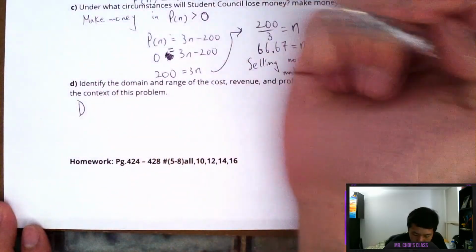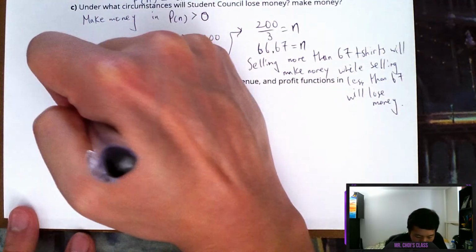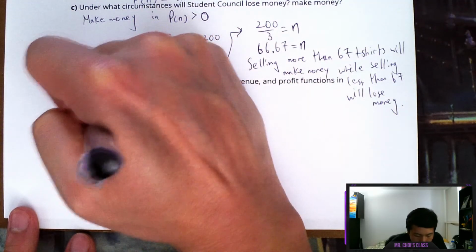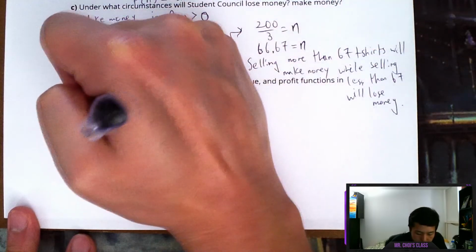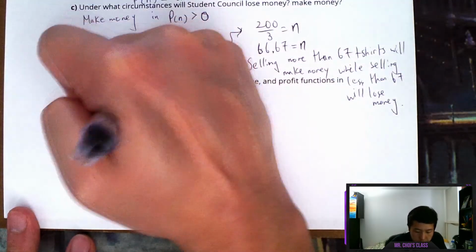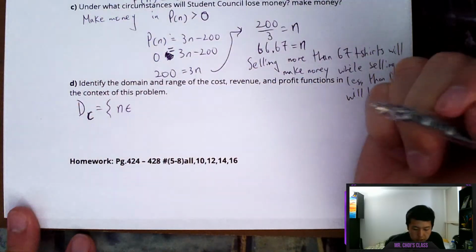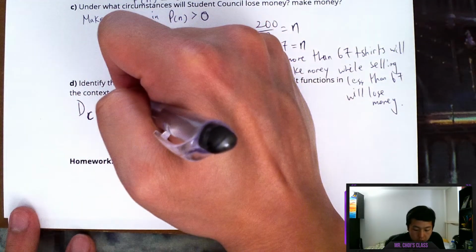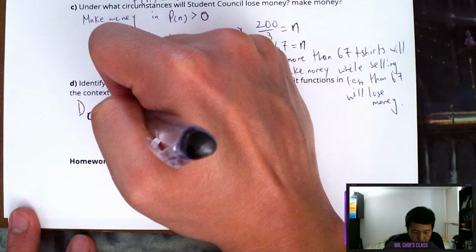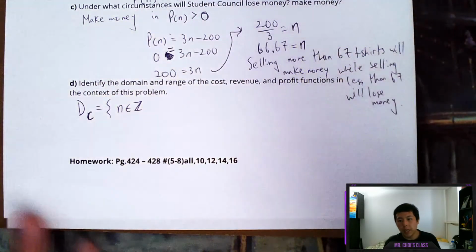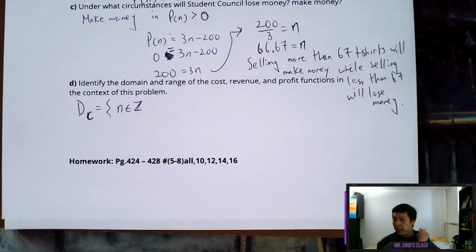So let's take a look here. The domain of P, or sorry, let's go for the domain of C, right? So the domain of C is equal to N, all integer numbers this time. We can't say real numbers because we can't have decimal t-shirts, right?